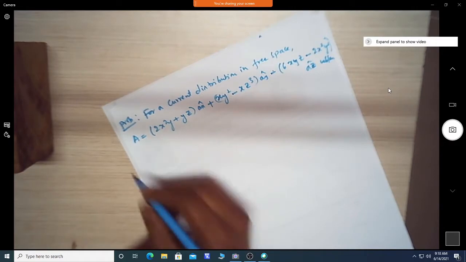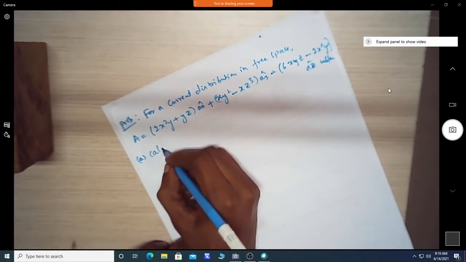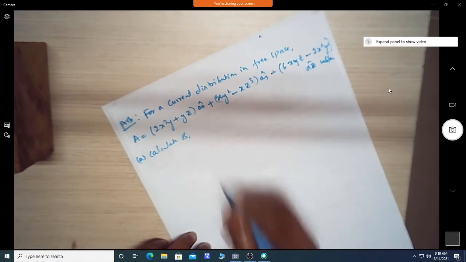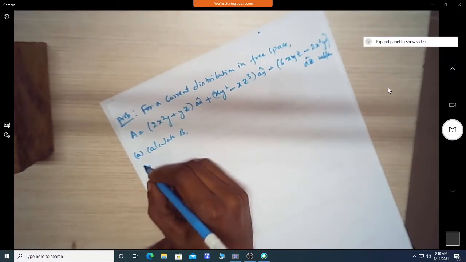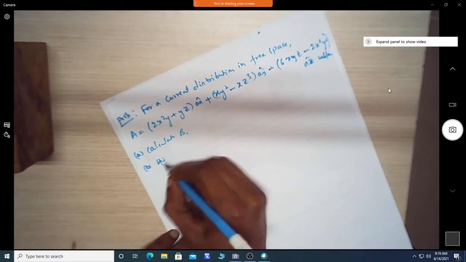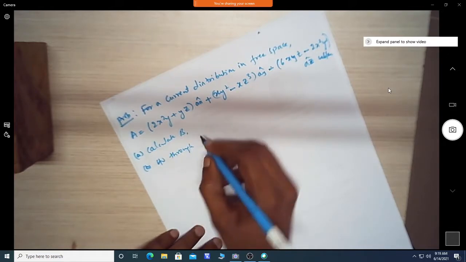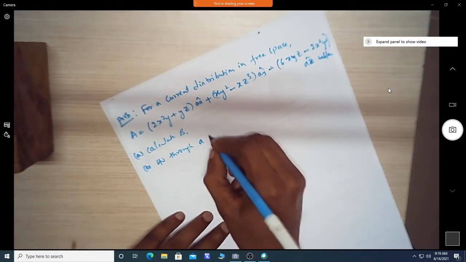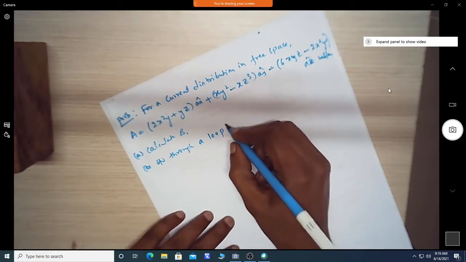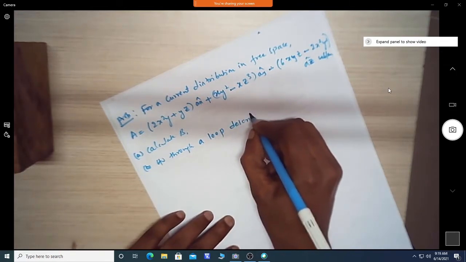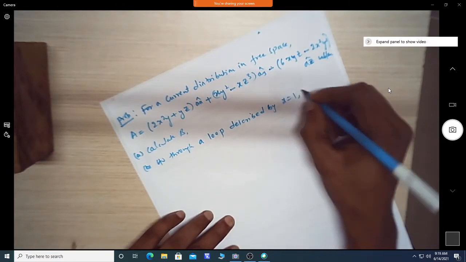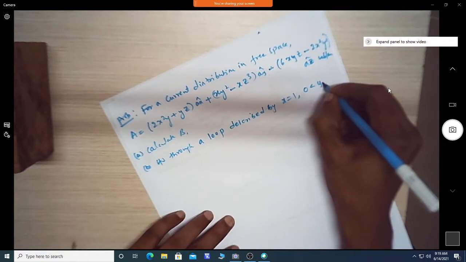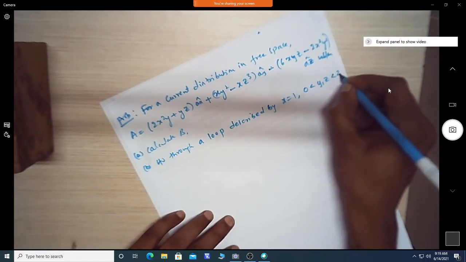Now we have to calculate what B is, and then find the magnetic flux. We have to find the flux through the surface or loop described by x equal to 1 and 0 less than y comma z less than 2.